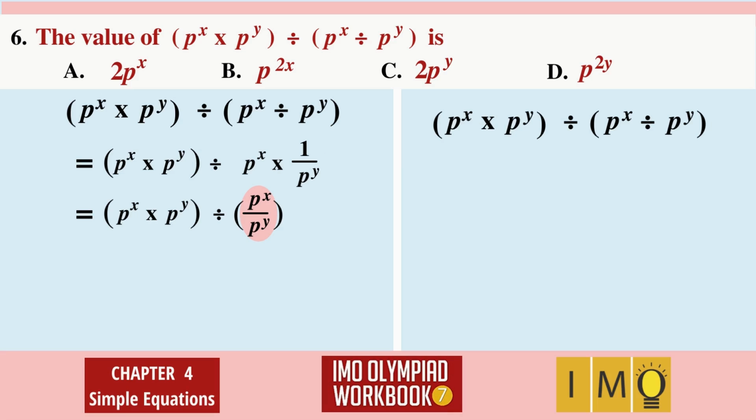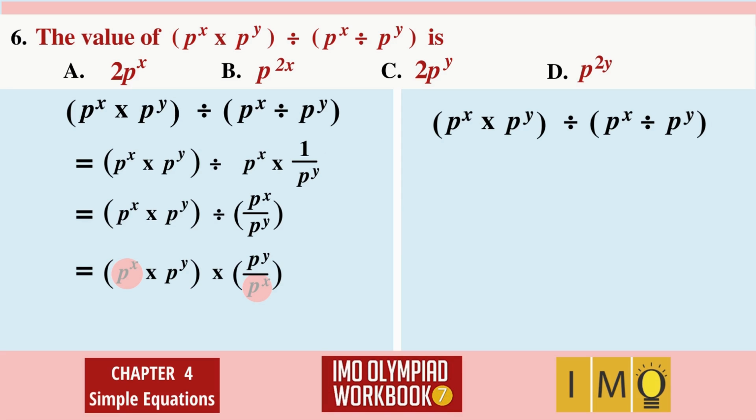Now let's convert the division here to multiplication and change the following term to its reciprocal. So what we get is p to the power of x into p to the power of y into p to the power of y by p to the power of x. Here p to the power of x on the numerator and the denominator cancels itself.